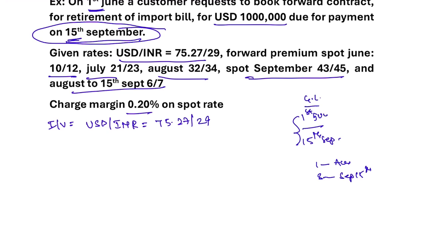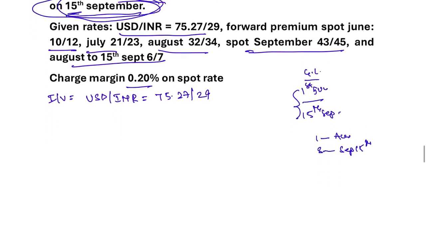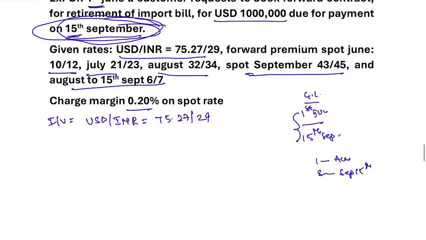In this mechanism only the premium is also calculated. Got it? The bill due date is 15th September. So the premium we calculate for 1st June to August and September 1st to September 15th. This is the premium we consider.